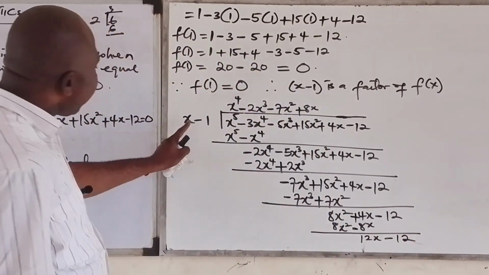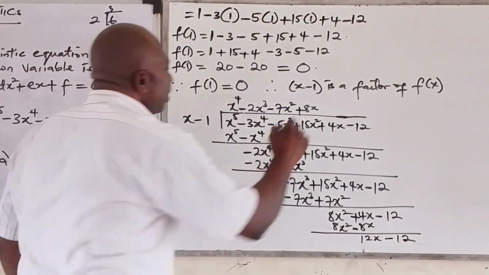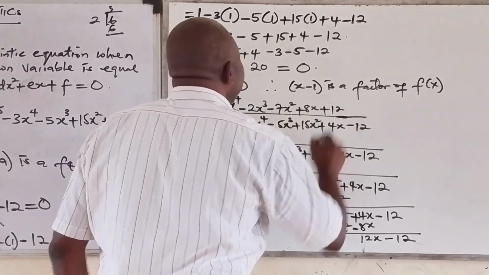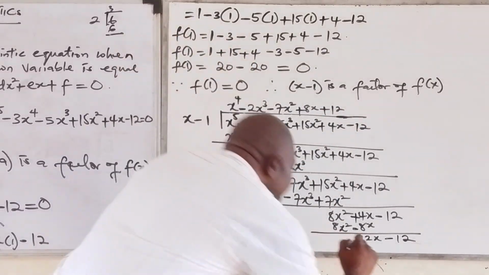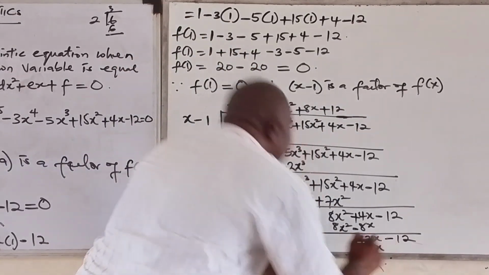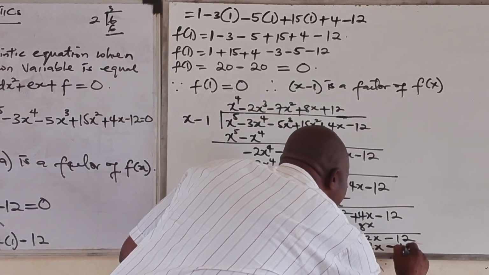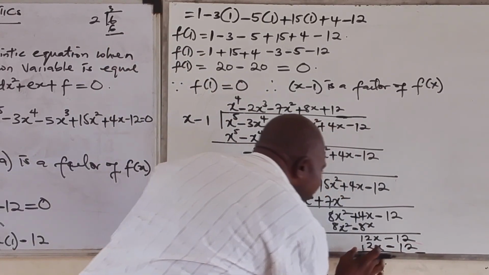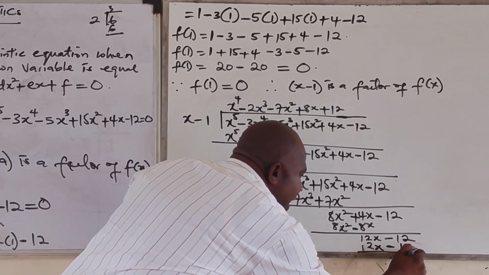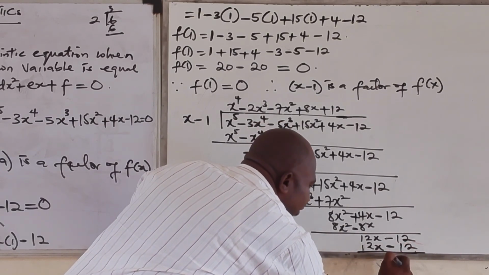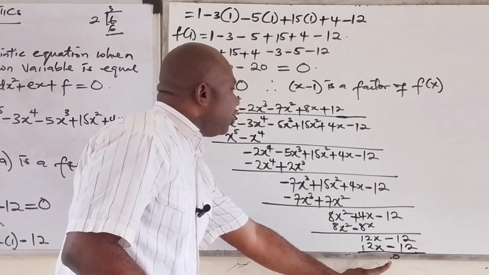Now let's look at this. X into 12x is plus 12. Now 12 times x is 12x. 12 times minus 1 is minus 12. So the whole of this now, 12x minus 12x is 0. And minus 12 minus 12, that will give us 0. So the remainder here is 0.